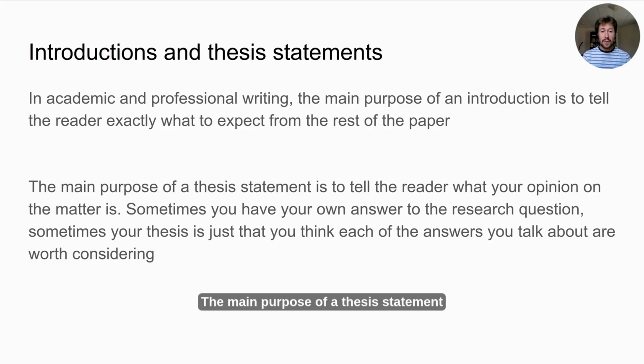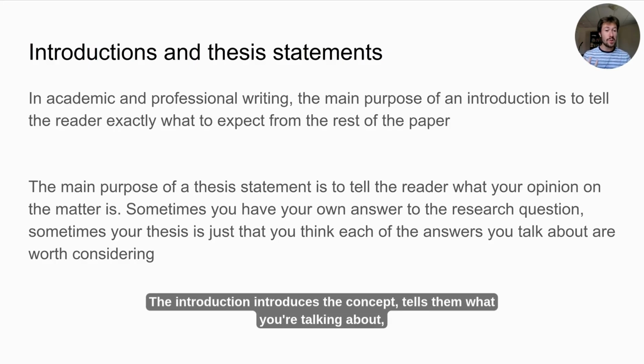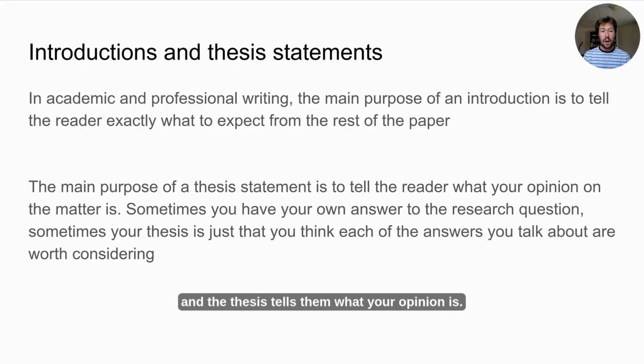The main purpose of a thesis statement is to tell the reader what your opinion on the matter is. The introduction introduces the concept, tells them what you're talking about, and the thesis tells them what your opinion is. Sometimes you have your own answer to your research question. Sometimes your thesis is just that you think each of the answers you talk about are worth considering.